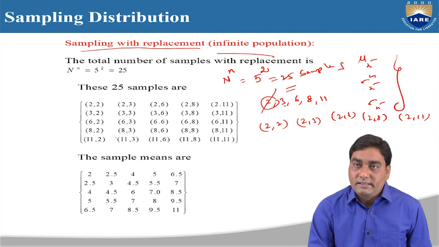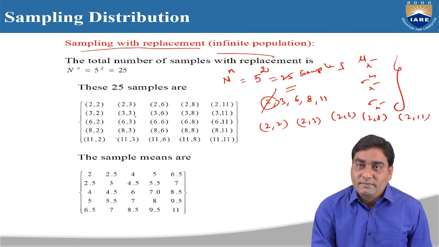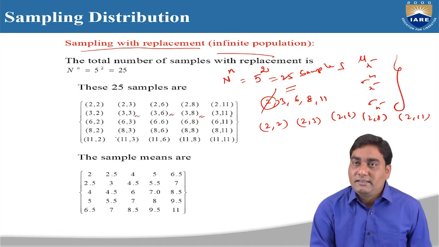Next starts with 3: 3, 2; 3, 3; 3, 6; 3, 8; 3, 11. Next 6: 6, 2; 6, 3; 6, 6; 6, 8; 6, 11. 6 over. Next 8 starts from 2: 8, 2; 8, 3; 8, 6; 8, 8; 8, 11. 8 over. Next 11 starts from 2.